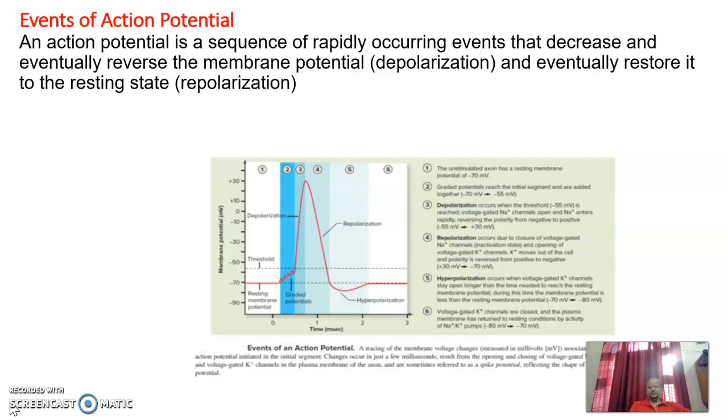An action potential means a rapidly occurring sequence of events that decrease and eventually reverse the membrane potential, depolarization, and eventually restore it to the resting state, that is repolarization. There is a list of events which occur during the propagation of a nerve impulse: the depolarization, repolarization, hyperpolarization, and the opening and closing of these gated channels.